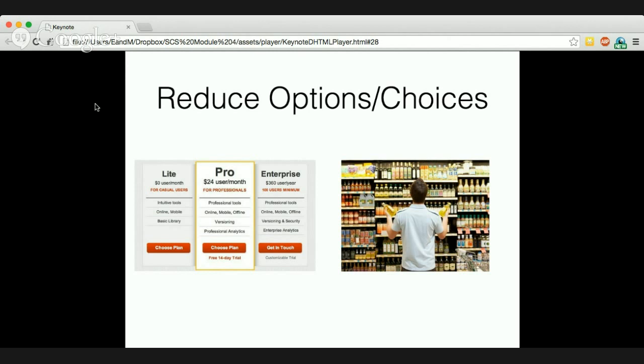So use price juxtaposition, use a simple number of packages, 3 or less. Don't make it complicated because people might say they want to buy and then it becomes complicated and they don't buy. One time I walked into Future Shop, which, if anybody's listening from the United States, is like Best Buy. I wanted to buy a set of speakers, and I knew exactly the one I wanted, but the guy talked me out of it.